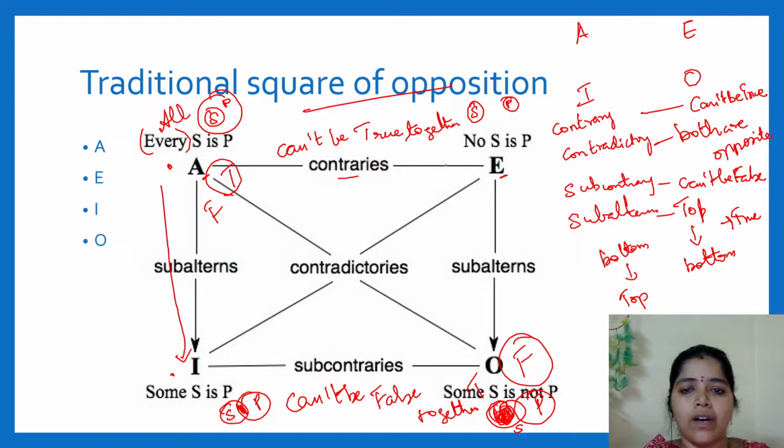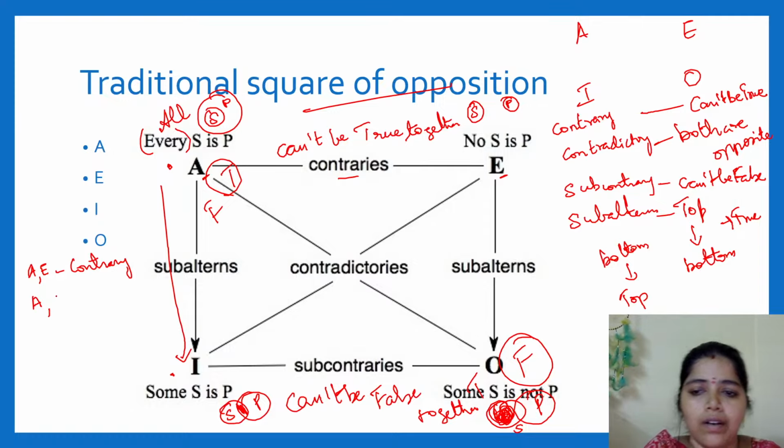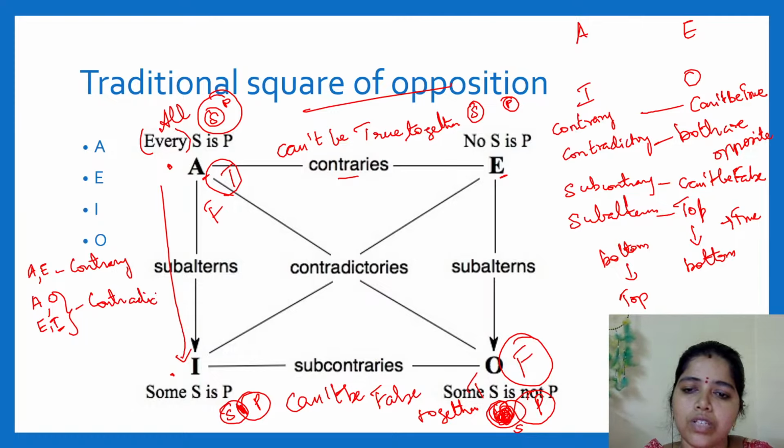Yes, clear. Okay, now you note this down. A type and E type, we call it as contrary. AO and EI are called contradictory. Clear?